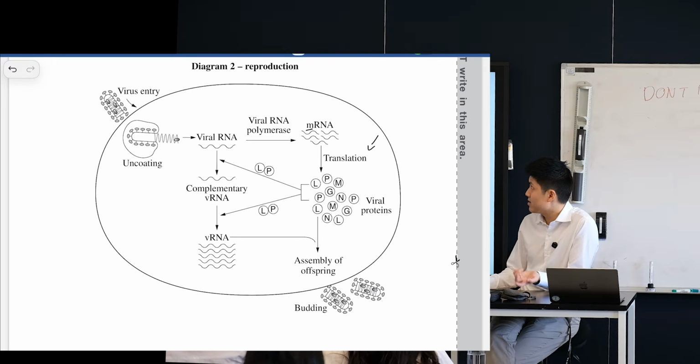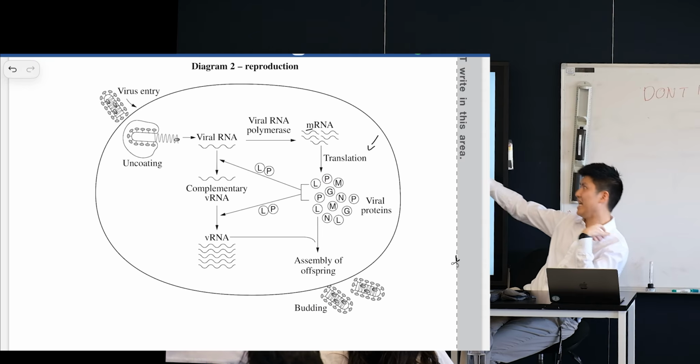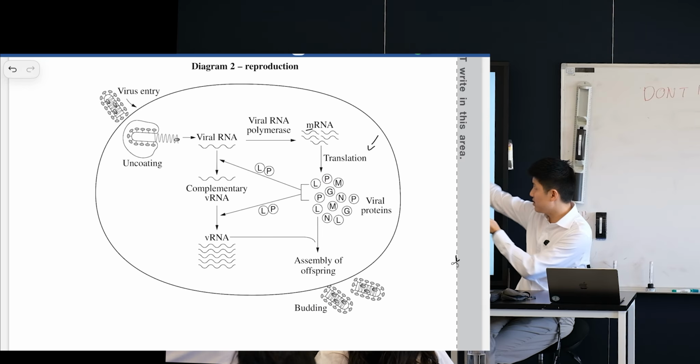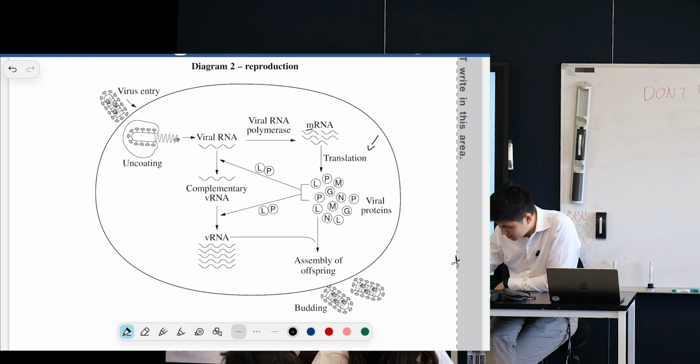Going from RNA to mRNA, right? I know it's a bit different because for us, it's DNA to mRNA after being read by RNA polymerase, but because RNA polymerase is happening here, this is where transcription is occurring. So I'm just going to label this as transcription.